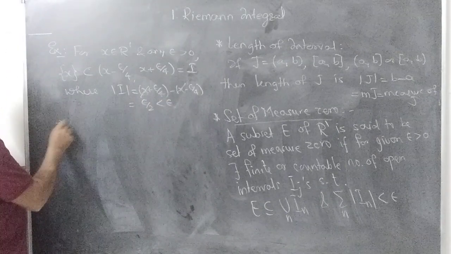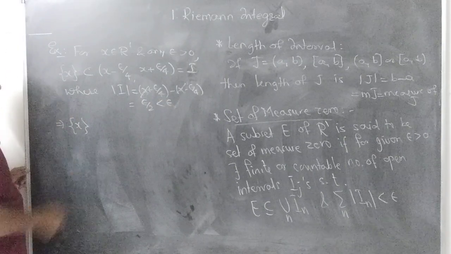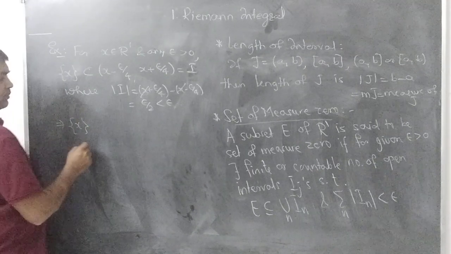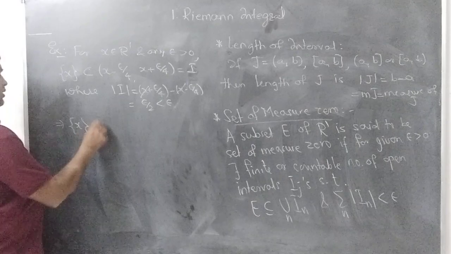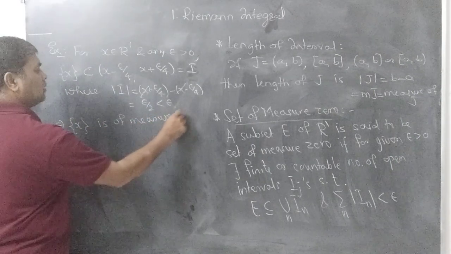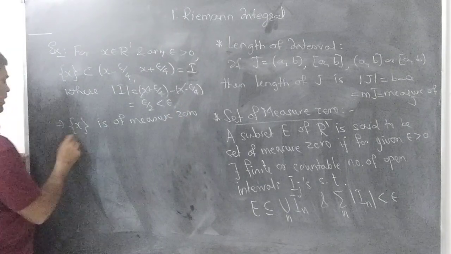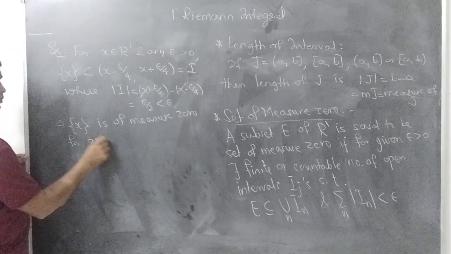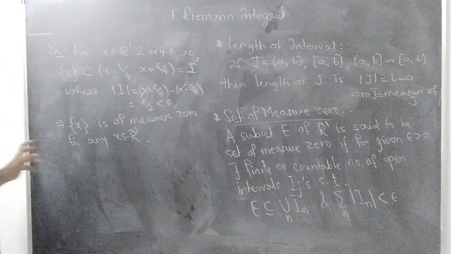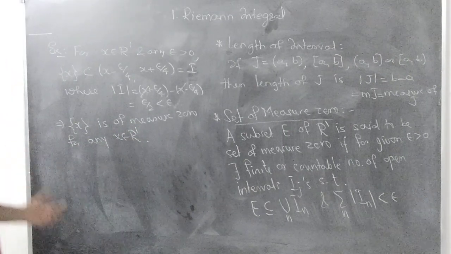This implies the singleton {x} is of measure 0 for any x belongs to R1. Is it clear?